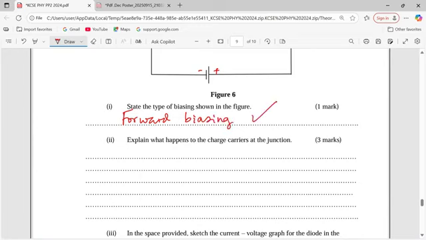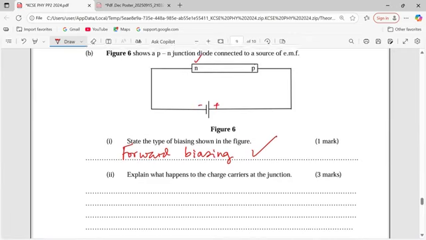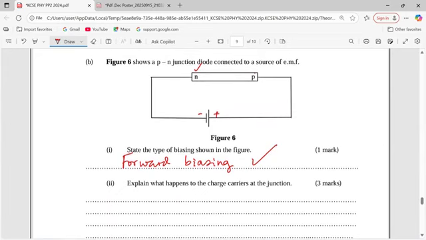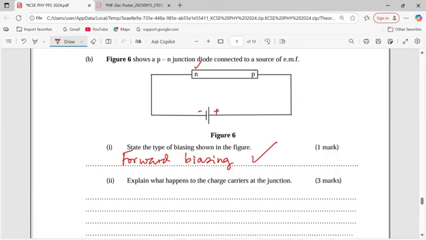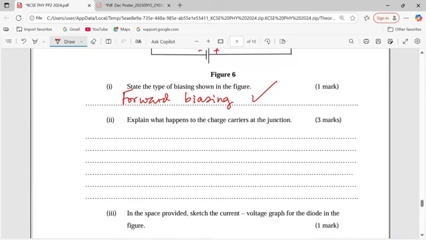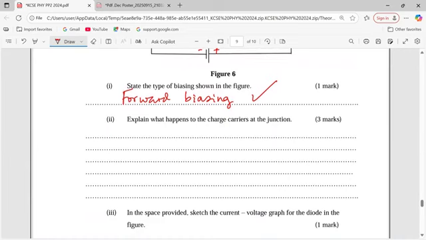We are supposed to know that in forward biasing, the N part of the diode is connected to the negative part of the EMF, and the P part of the junction is connected to the positive part of the external source of the EMF. Part 2, explain what happens to the charge carriers at the junction.